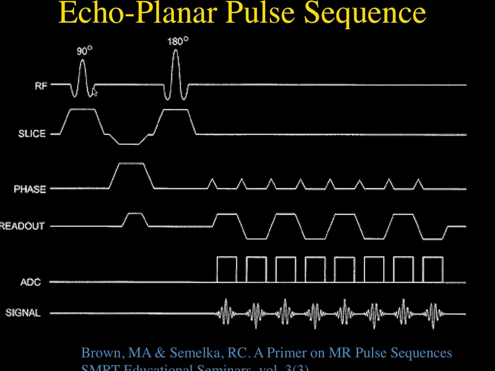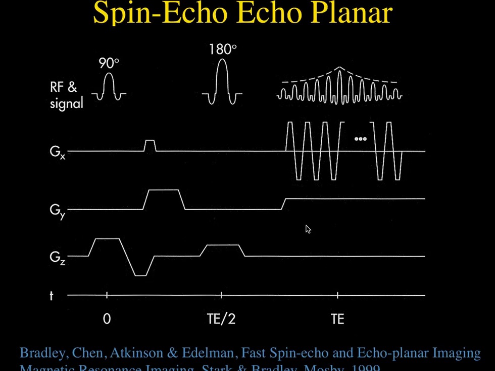The TR is infinite, so you have no T1 weighting in these. But this is one way to do it, and you can get very rapid imaging and kind of real time imaging because the contrast isn't very good on these. It's not commonly used in clinical medicine, but there are a number of ways to do these.